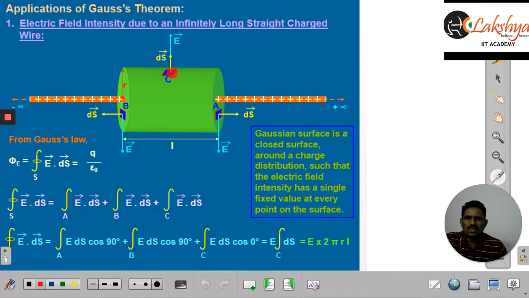Suppose we want to find the electric field at a distance r from this wire. Then we need to consider a Gaussian surface of radius r here. So this is a Gaussian surface of radius r.